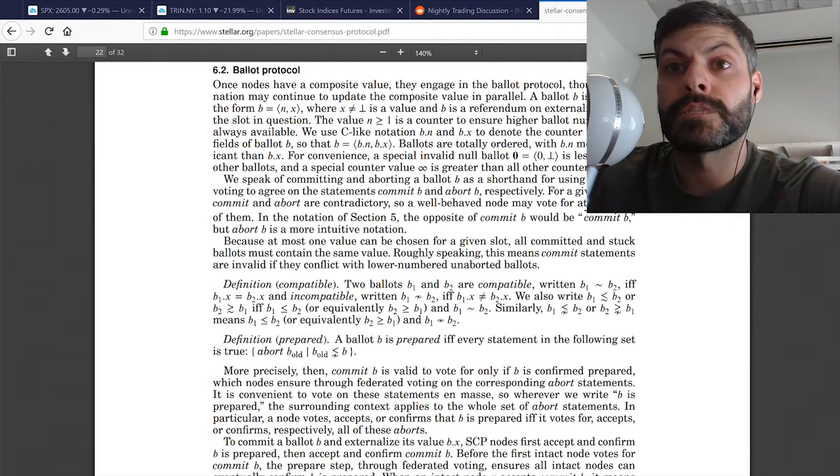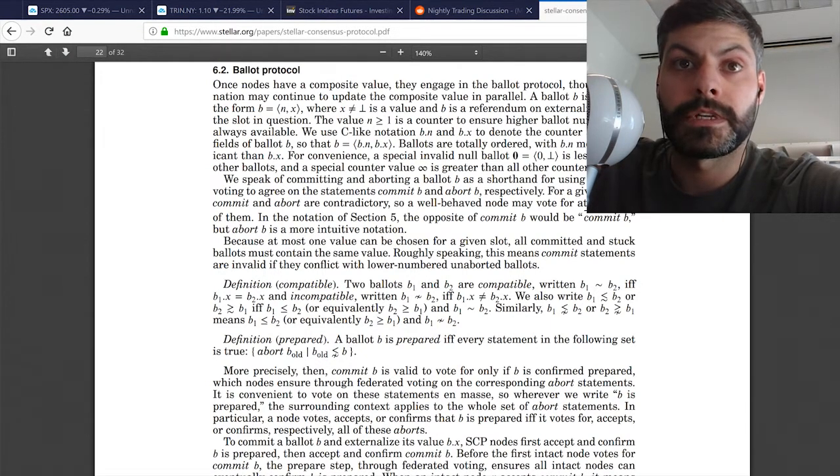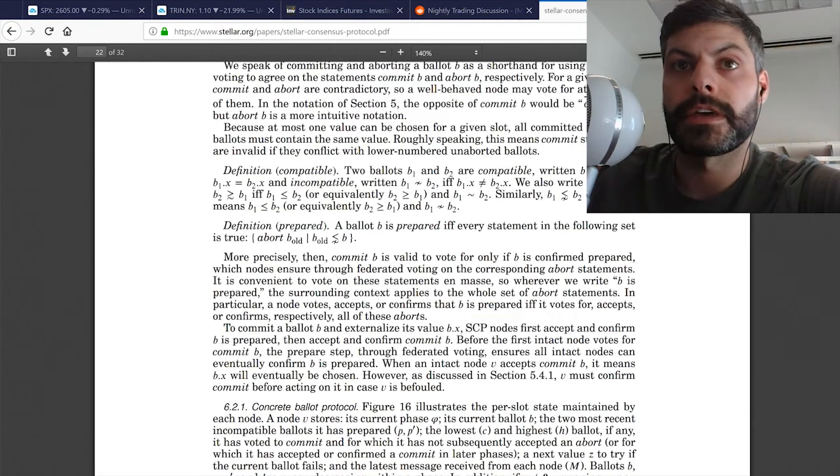A ballot B is prepared if and only if every statement in the following set is true. The set of all elements abort B old, for which B old is less than and not compatible to B. More precisely then, commit B is valid to vote for only if B is confirmed prepared, which nodes ensure through federated voting on the corresponding abort statements.